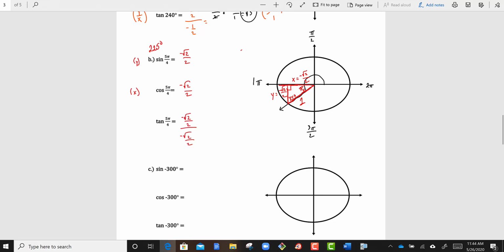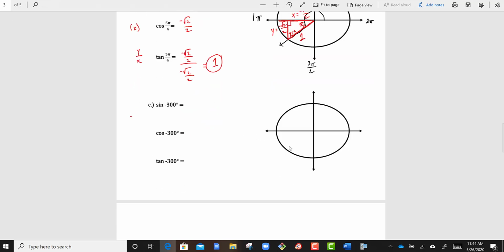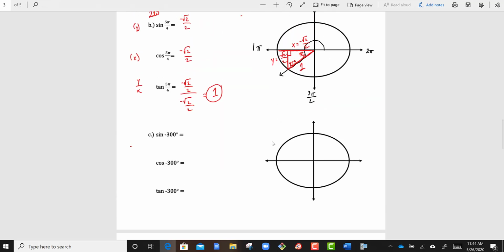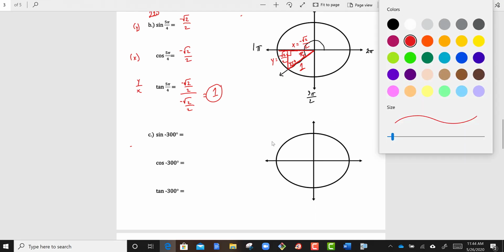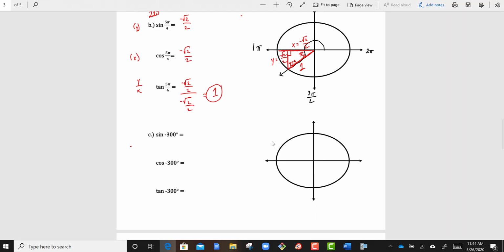Tangent is the y coordinate divided by the x. And since it's a negative divided by the same negative, the tangent of 5 pi over 4, or the tangent of 225 degrees, should be positive 1. I would encourage you to try this last one on your own, negative 300 degrees. Keep in mind, negative 300, I'll help you with the sketching part. We have to go the opposite direction.